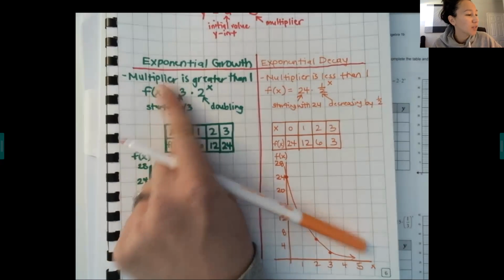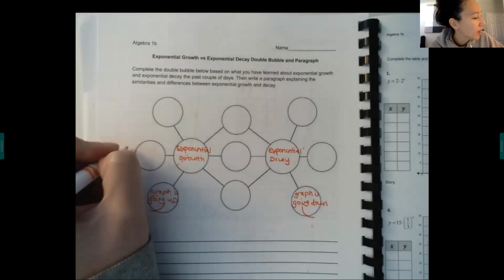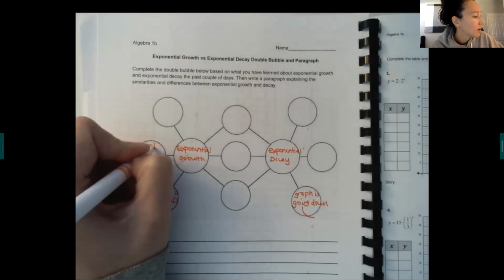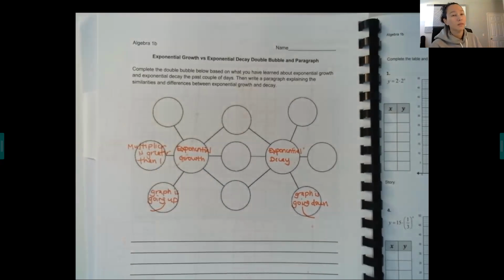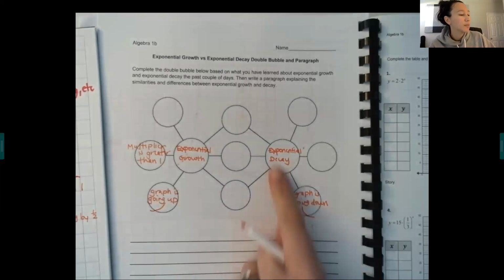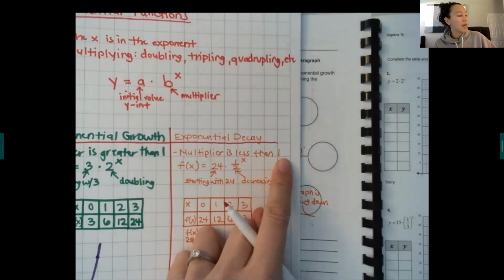So we can see for exponential growth, the multiplier is greater than 1. So for exponential growth, we write multiplier is greater than 1. For exponential decay, then, we're going to say the multiplier is less than 1.